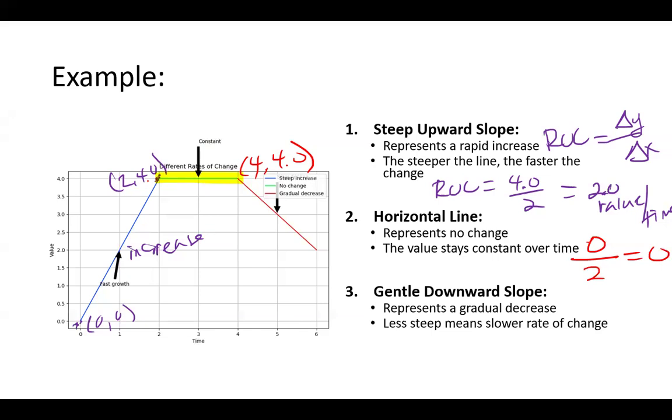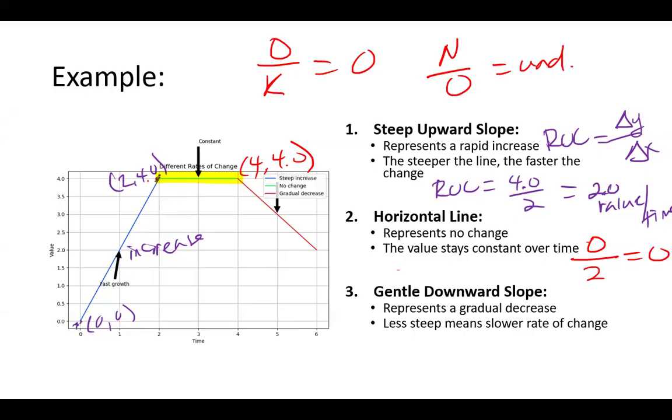Okay, so anytime you have a horizontal line, it represents no change, and it's just going to be constant over that time. So it's going to be constant, just 0, no change. We're on a treadmill with no incline. Okay, remember in life, it is okay for 0 to be in the numerator, but it is a no-go for 0 to be in the denominator.